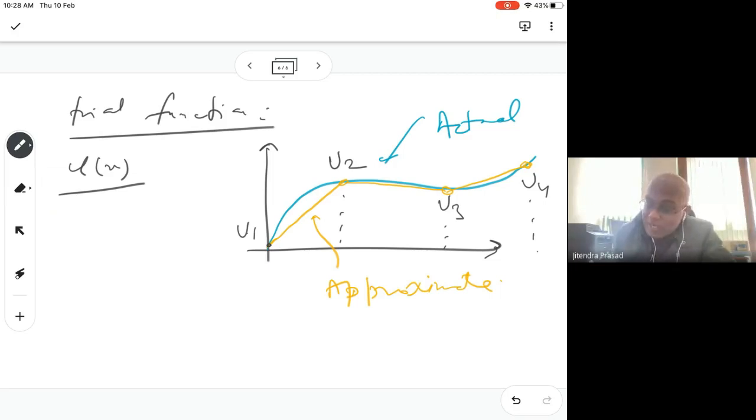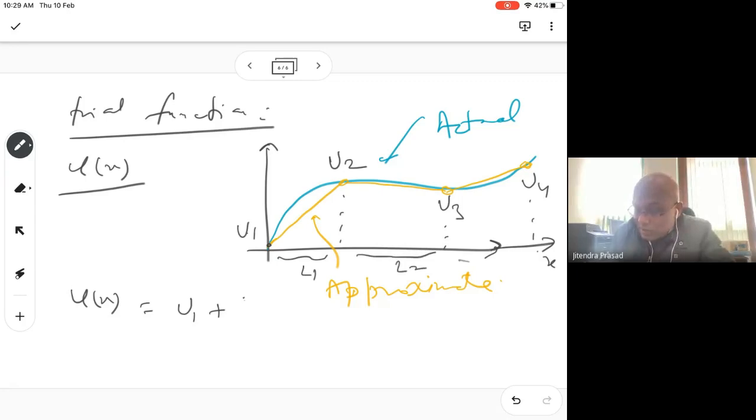So basically u(x), if this is the x, then accordingly we can write. Let us say this is L1, L2, L3.